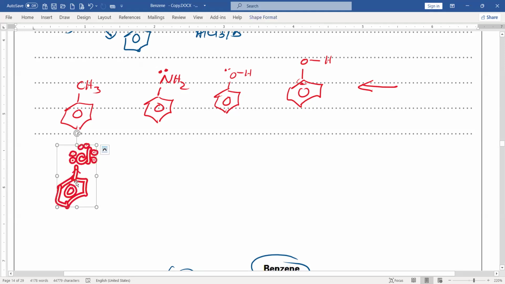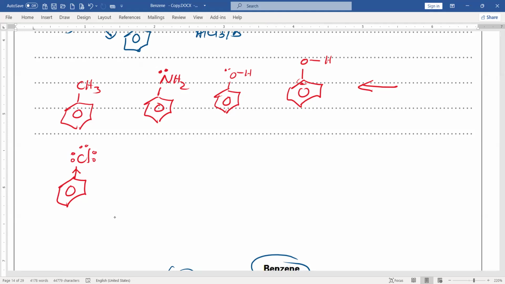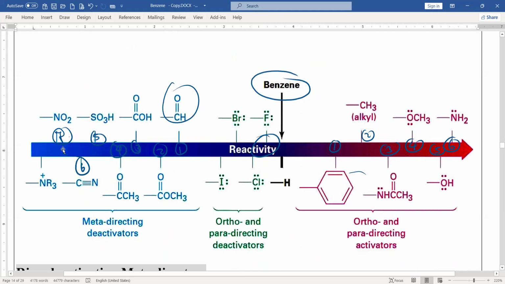In this case, the ring will be deactivated, but still it is an ortho para director. Then all the meta directors as shown here are ring deactivating groups.